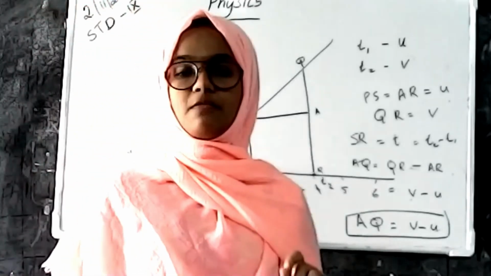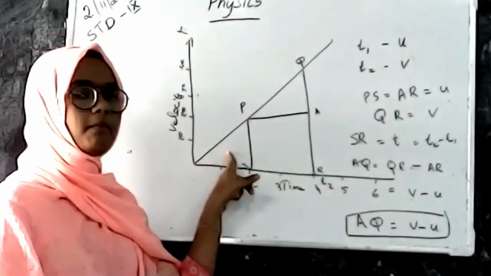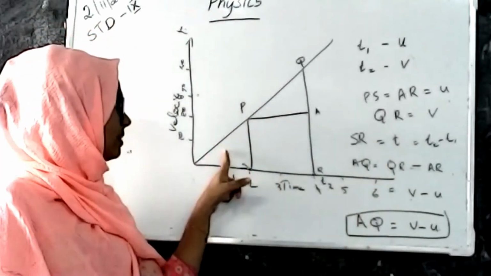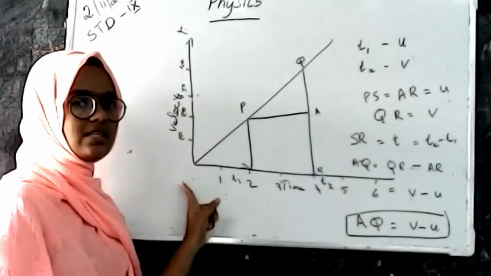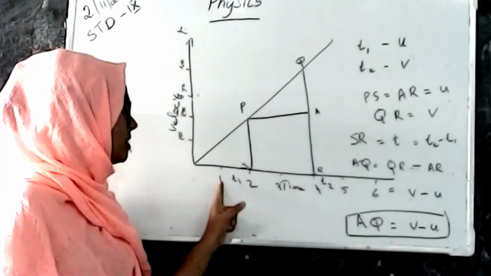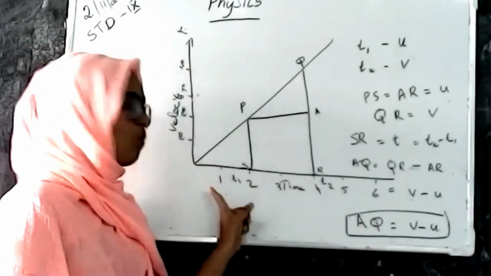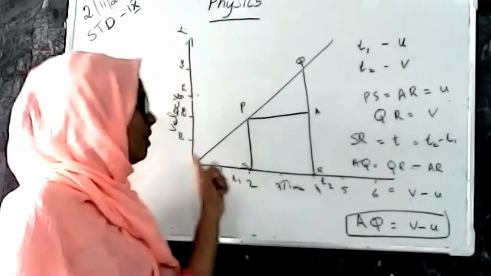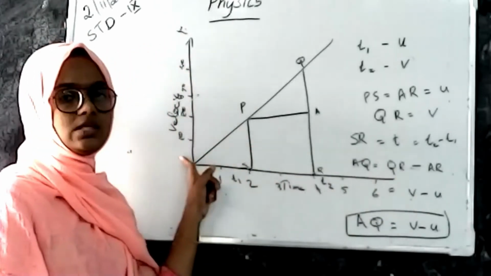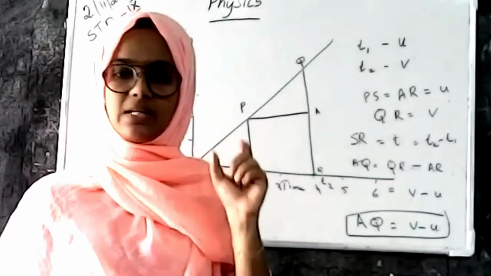From the points we are discussing in this slide, we draw a graph based on the relation between time and velocity. In the x-axis, each unit is 1 second. So in the x-axis, here are the times 1 second, 2 seconds, 3 seconds, 4 seconds, etc. And in the y-axis, here is velocity, and each single unit is taken as 10 meters per second.